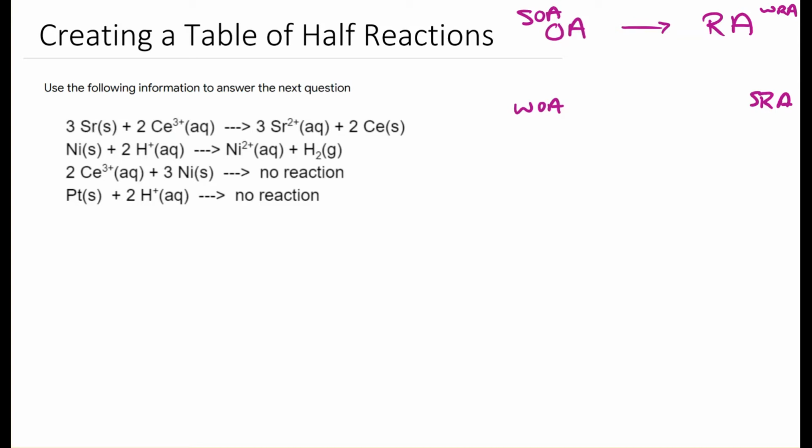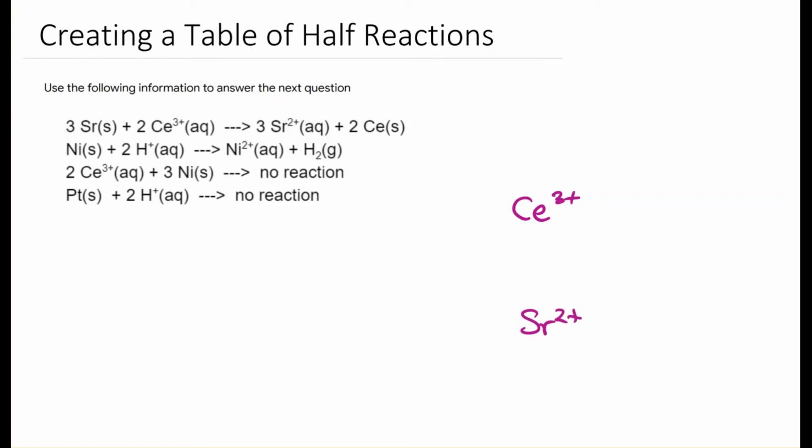So I'm just going to make a table here. Ce3+ is higher than whatever the oxidizing agent version of strontium is, which is Sr2+. And I'm going to give a bunch of room here because I don't know what else is going to go in between, or if anything's going to go in between.